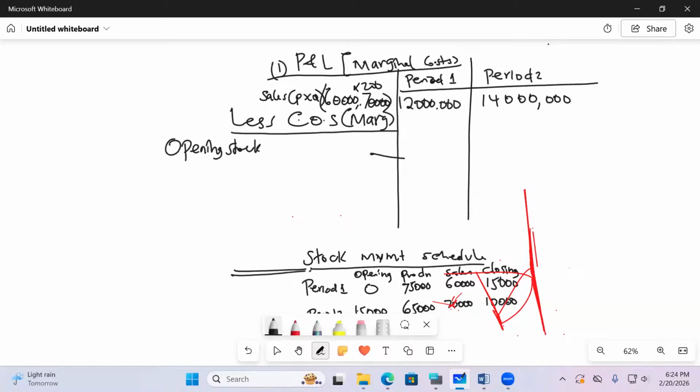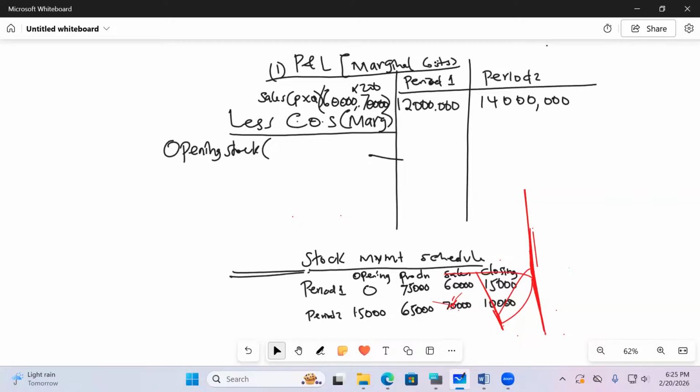Are you able to see the opening stock units that I'm able to see here? It is 0 and what here, somebody? 15,000. So it is 0 for period 1 and 15,000 for period 2. And do we know the stock valuation cost, the marginal one?